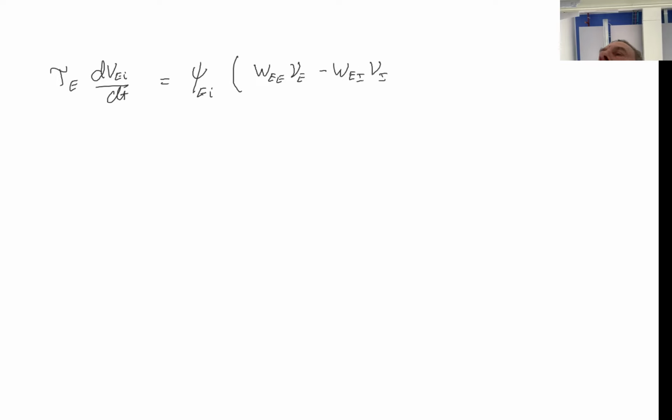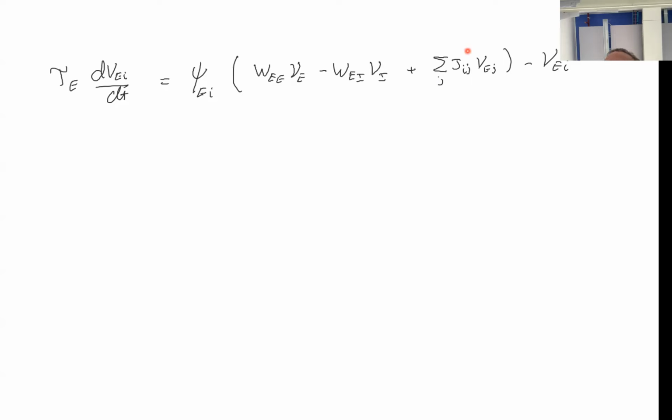And then we have plus 1 over n f, 1 minus f, the sum on j of, for now, some structured connectivity J, I, j, nu E j, minus nu E I. So it's a set of equations you've seen before, we just added structure.